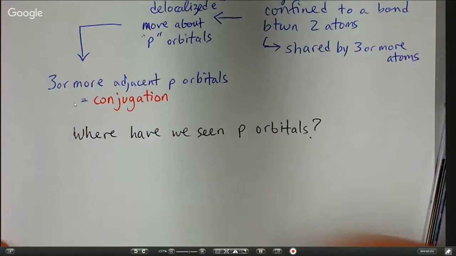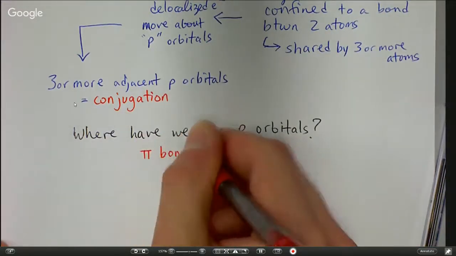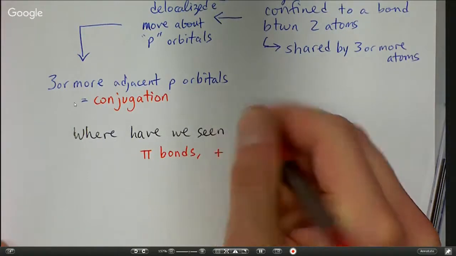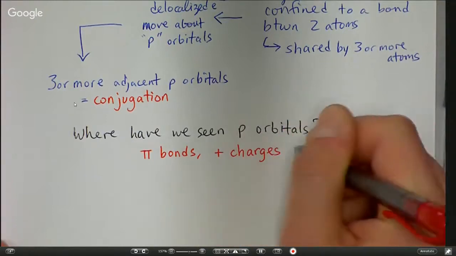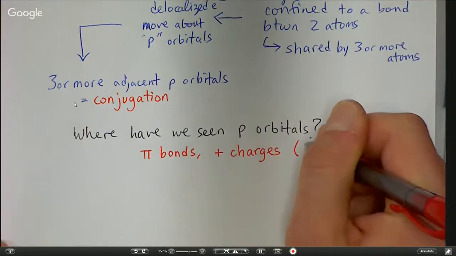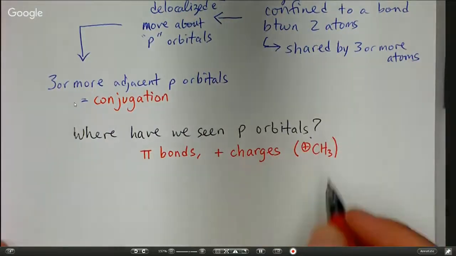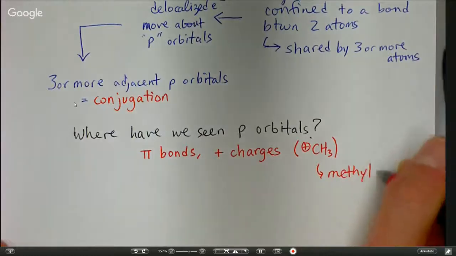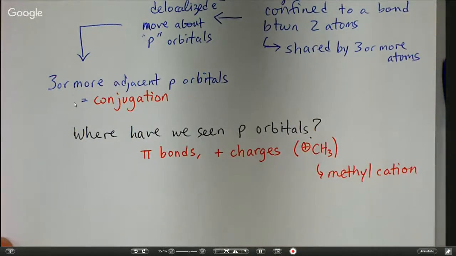One of them would be in pi bonds, and the other is in cations or plus charges, specifically a methyl cation. Okay, so here's what I'm talking about.